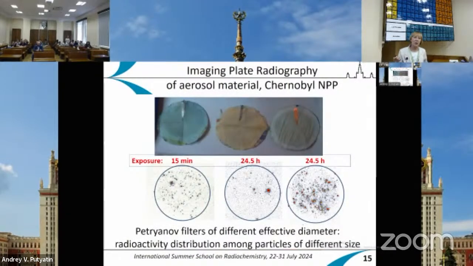Another example is from aerosol material from the Chernobyl nuclear power plant, with Petryanov filters of different effective diameter. You can see that the exposition time is 15 minutes for the first filter and around a day for the second and third filters.